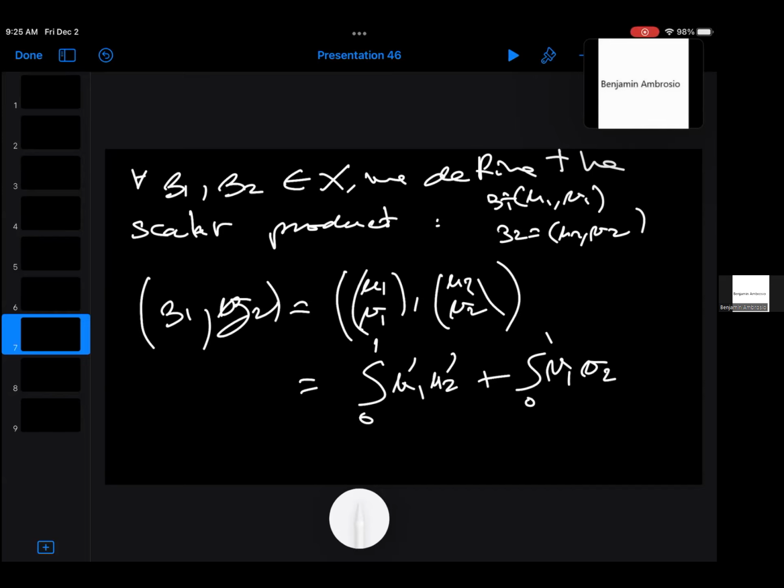Okay, and so with this scalar product and the associated norm, X is a Banach space.